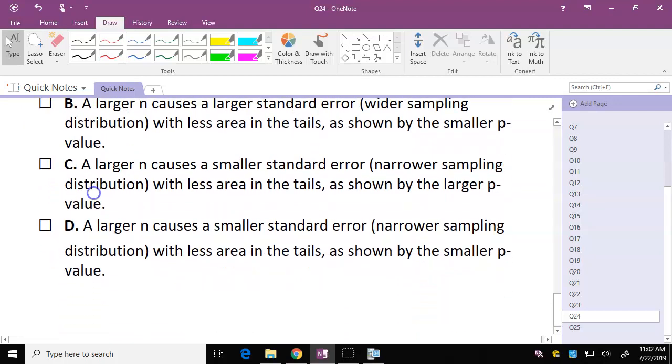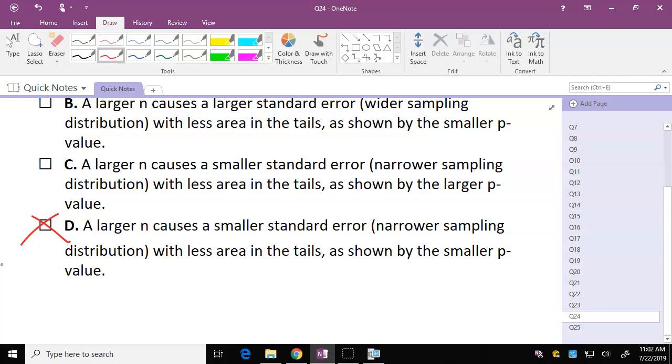The larger n causes what? C or D? D. So smaller standard error, which makes it narrower, with less area in the tails. Correct. The more narrow you are, the smaller your tails are going to be. Okay? The larger the n, the smaller the standard error, the smaller your p-value.